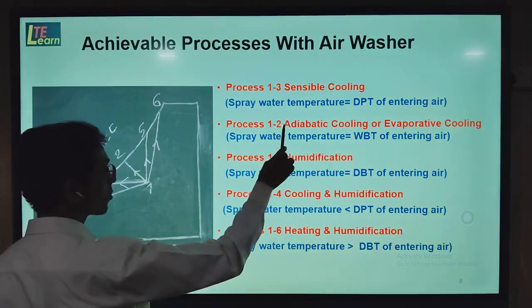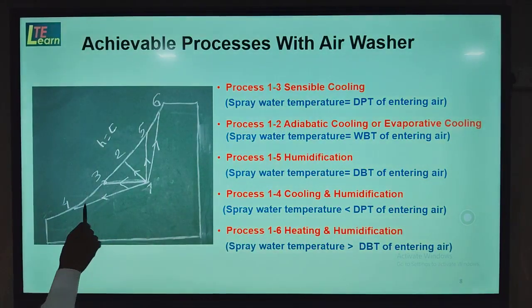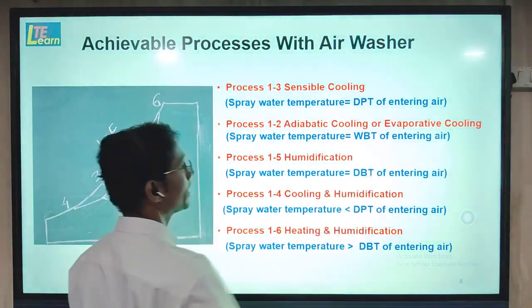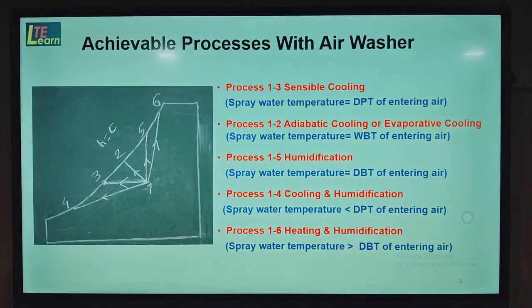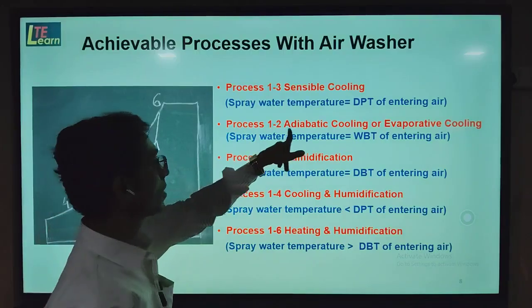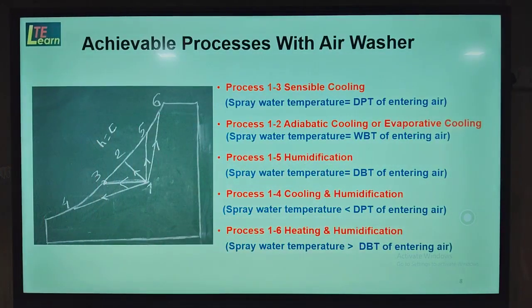To obtain this process, the temperature of the spray water which is sprayed is to be maintained equal to the wet bulb temperature of the entering air. So for this condition we can obtain the adiabatic cooling or evaporative cooling process with the help of the air washer.